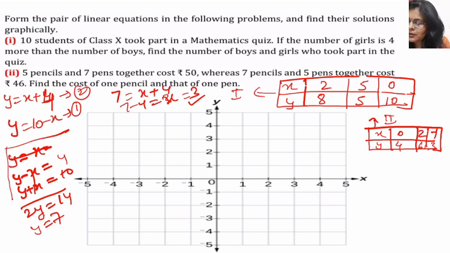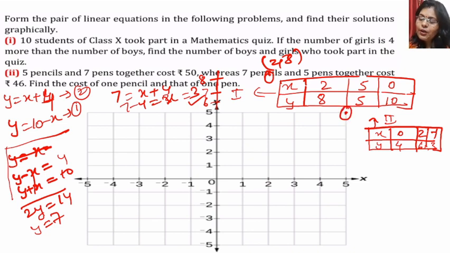Now let us do it graphically also. Plotting the points. First point is 2 and 8. 2 and 8 will be somewhere over here. Then 5 and 5 will be somewhere here.